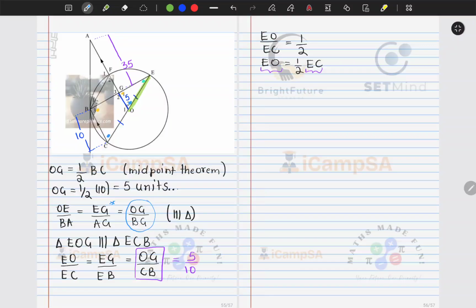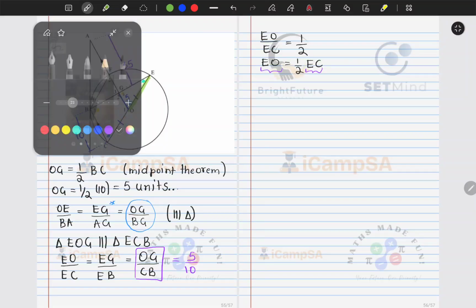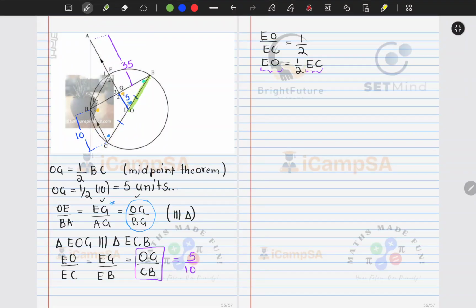Okay, so if we go ahead and look at the two sides, this one and this one, we can rearrange by multiplying both sides, such that by cross multiplication you'll end up having BG times, if you observe carefully, EG, and this will be equal to OG multiplied by AG.